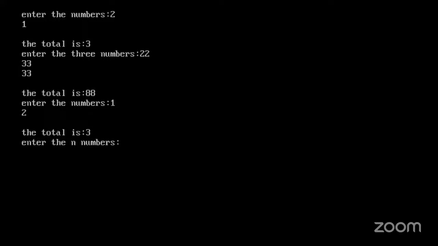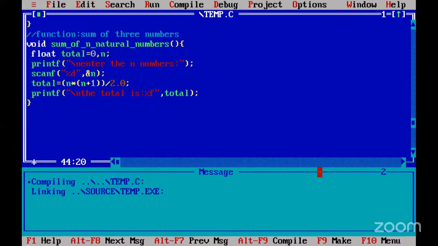Now n numbers, like the sum of the last 6 numbers, we are able to get. I have to see the formula. So here integer, then this is percent f.